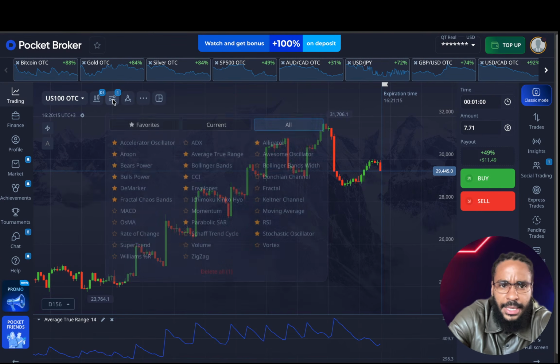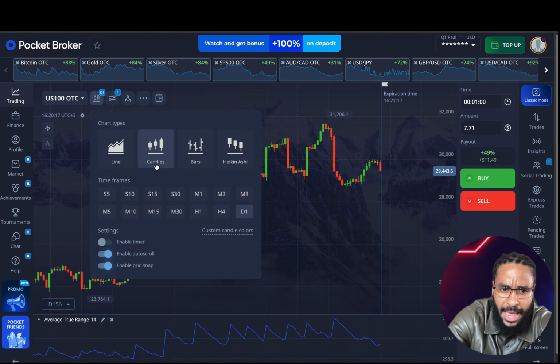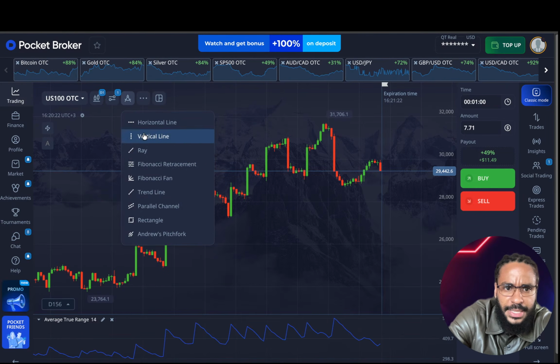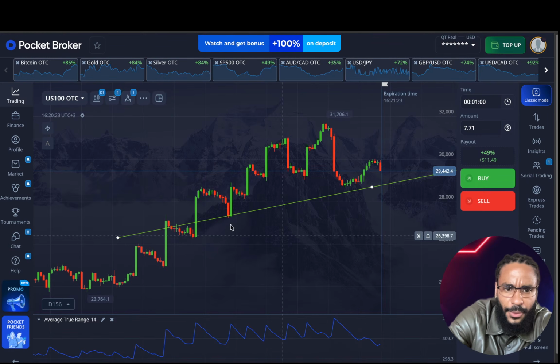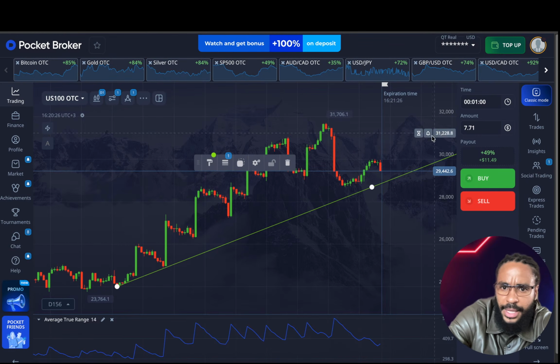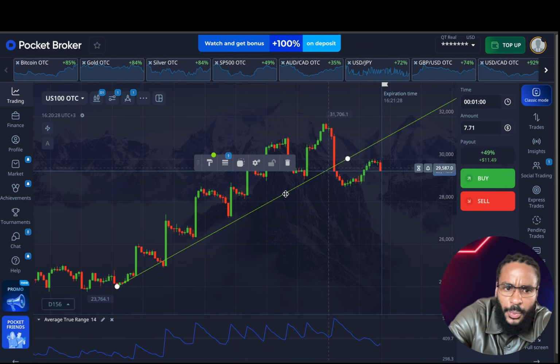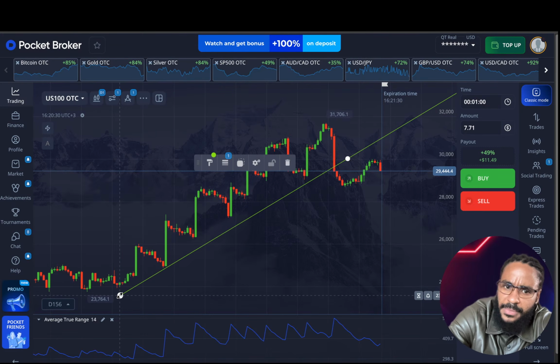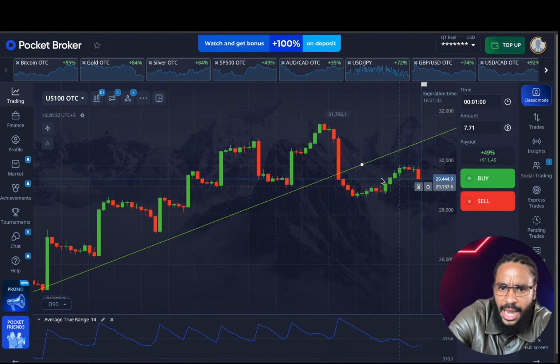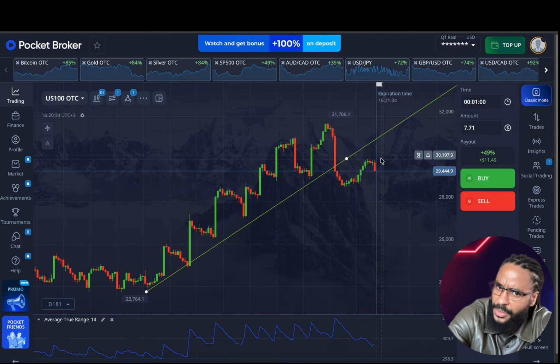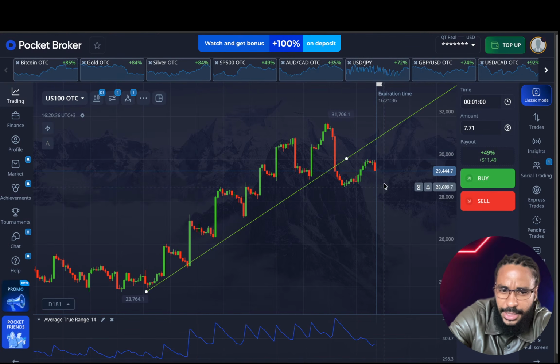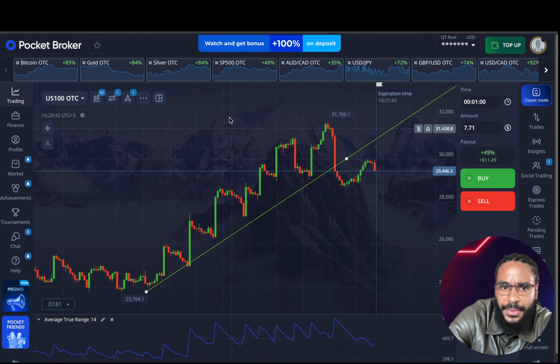Remember, we're having some kind of dynamic upward trend. You want to see this wave all the way from here. So this area is being retested, and we're starting to see some kind of weakness when it comes to US 100 OTC.